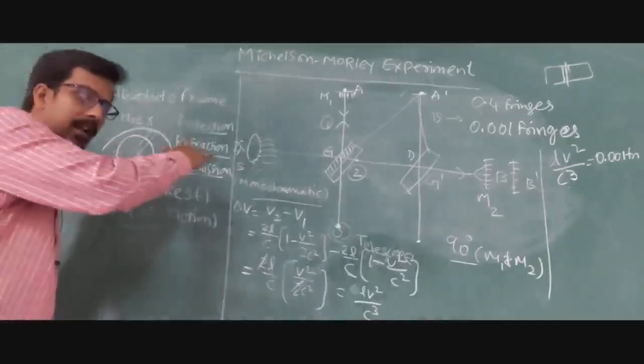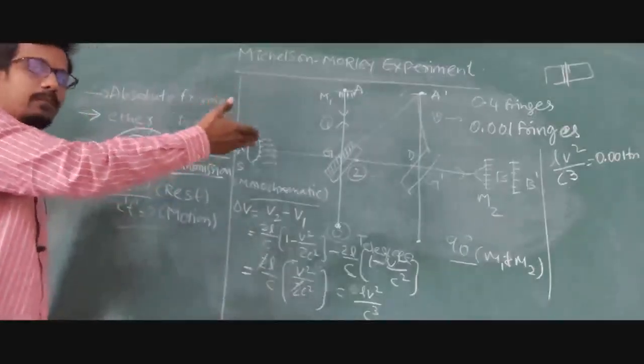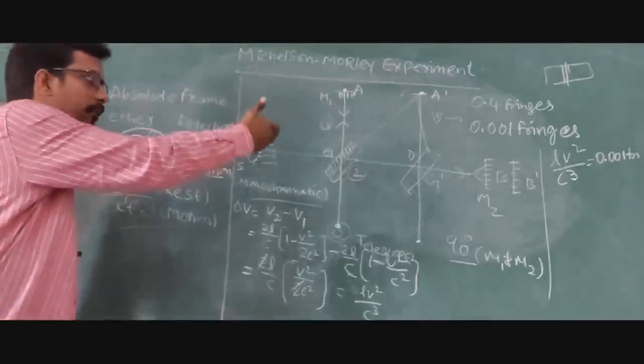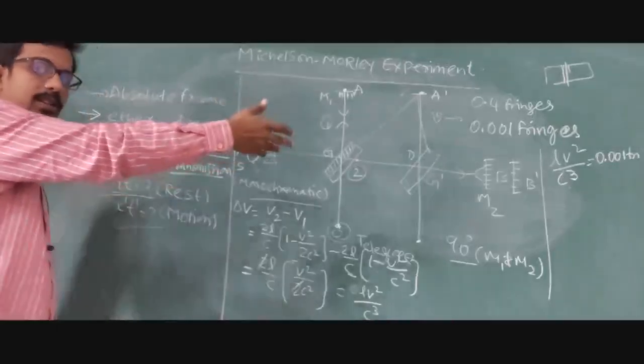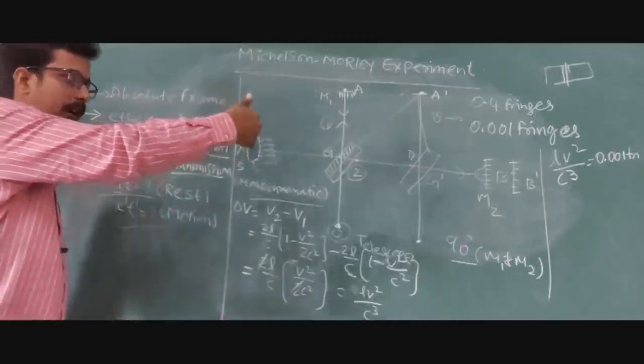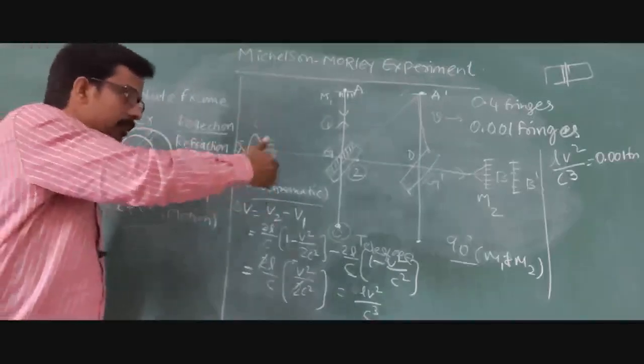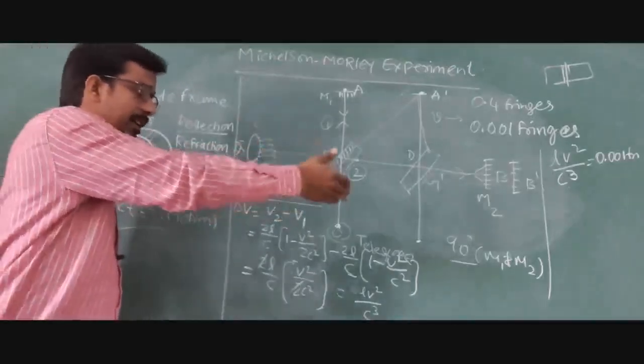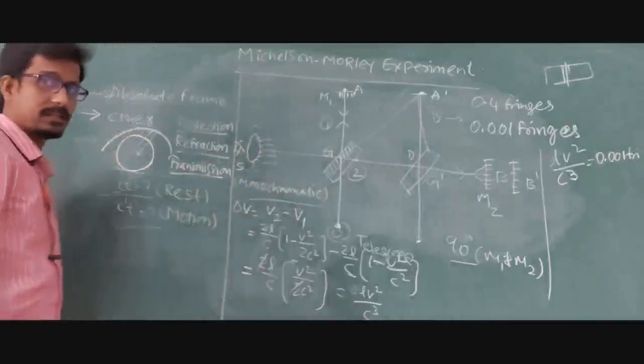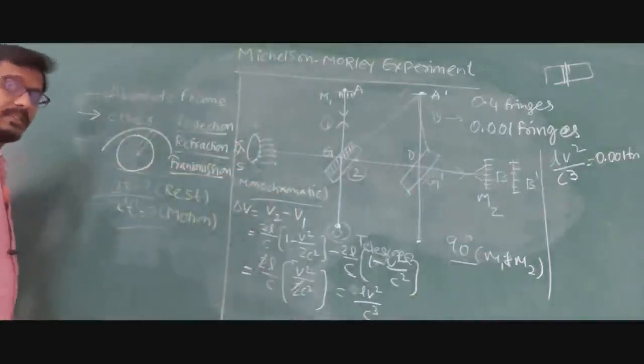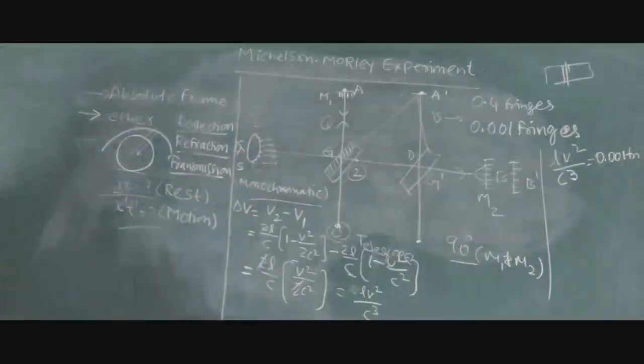The light distance traveled along F1 and F2 is the same, whether the light is stationary or moving with respect to the Earth. So the null result has proved that ether is only a hypothesis, because ether is not there.